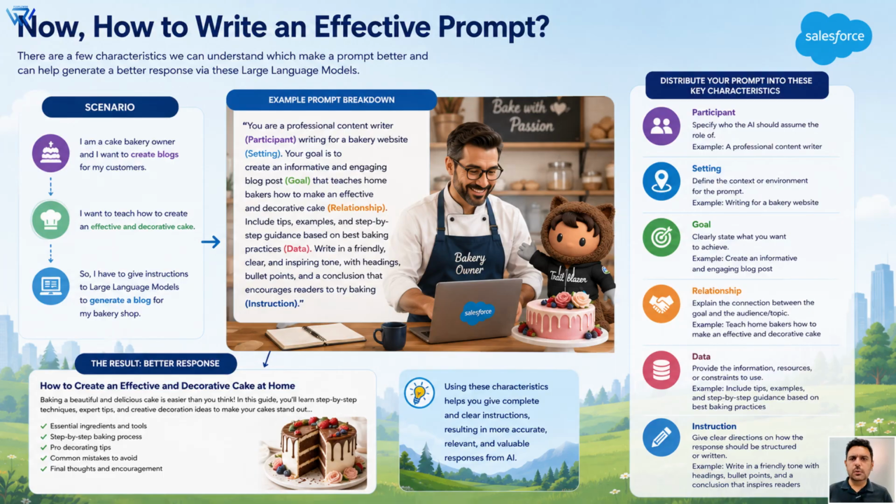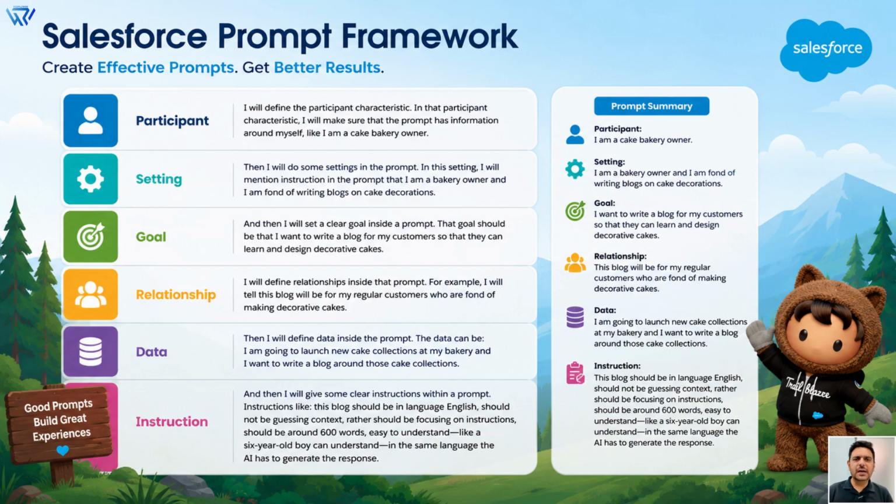So I have to give instructions to large language models to generate a blog for my bakery shop. So I will distribute my prompt in multiple characteristics. For example, the first and important characteristic I will define is the participant. In that participant characteristic, I will make sure that the prompt has information around myself, like I am a cake bakery owner.